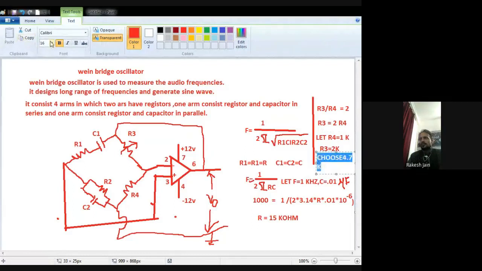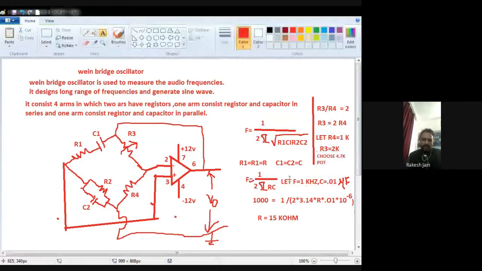So here we choose a variable resistance. So we choose a 4.7k potentiometer, a variable. We are going to the Multisim software so that you will know how to design a Wien bridge oscillator. We will use the same circuitry, the same parameters while designing the RC phase shift oscillator.